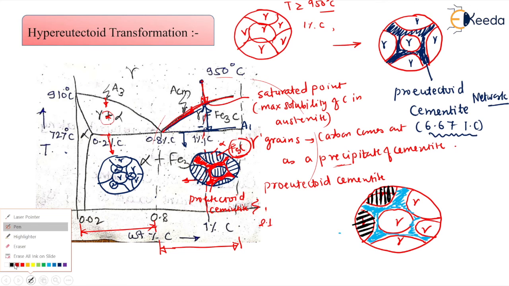So the black is Fe3C, and red I will show you with this alpha.